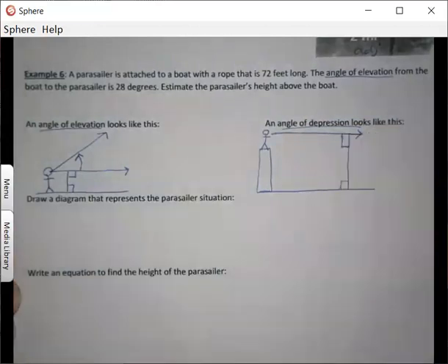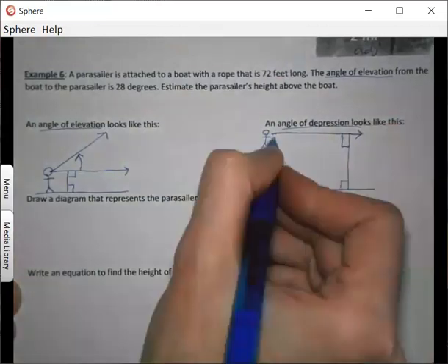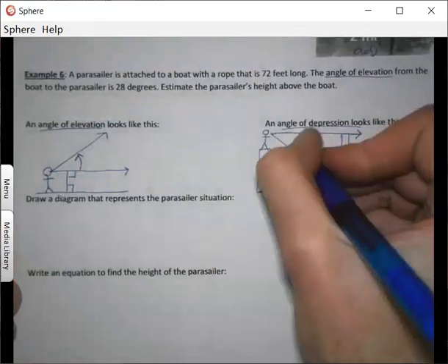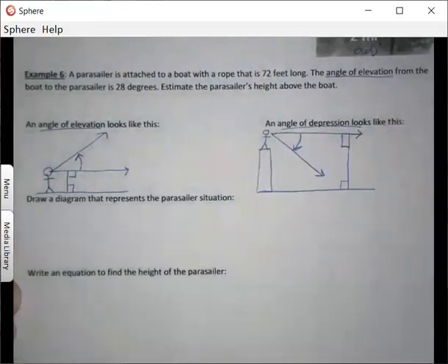Now, from looking straight ahead, if we look down, that will be an angle of depression. So you always need a starting line. Looking up, angle of elevation; look down, angle of depression. And the starting line, wherever it is, must be parallel to the ground. Sometimes we do use the ground.